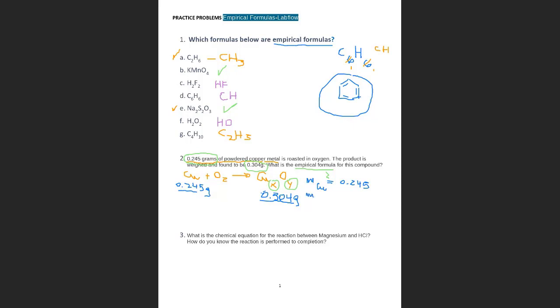Because I have the mass of the whole product minus the mass of the copper, I calculate the mass of oxygen, and I get the same as you, 0.059 grams of oxygen, and this is grams of copper.